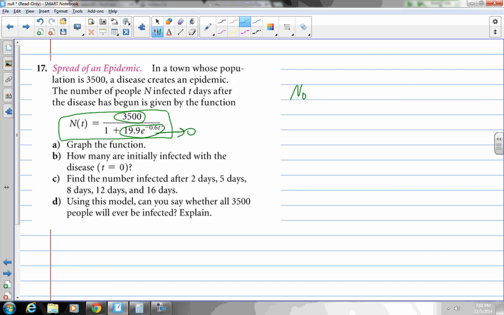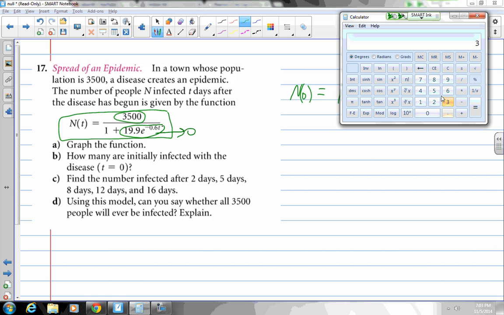So all I have to do is compute n of 0. That is 3,500 divided by 1 plus 19.9 e to the power 0. So that's 3,500 divided by 19.9 plus 1, so it's 20.9. Whatever that is, this is the initial amount of people infected.